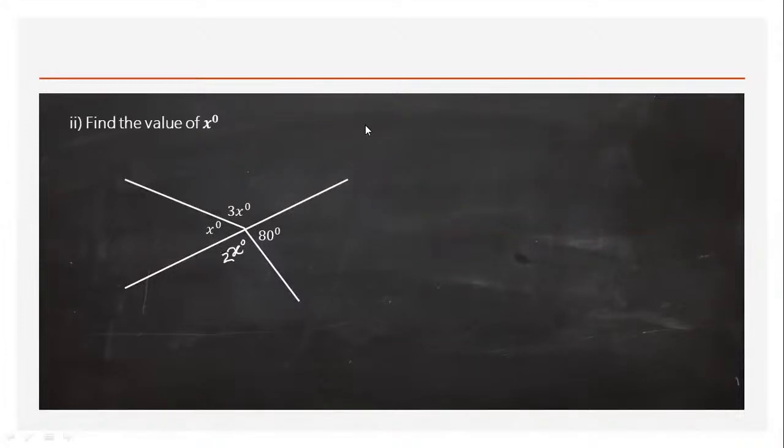Find the value of x. This is x, 3x, 80, 2x. Then x plus 3x plus 2x plus 80 add up to how much? 360. What is the reason for that? Angles at a point add up to 360.